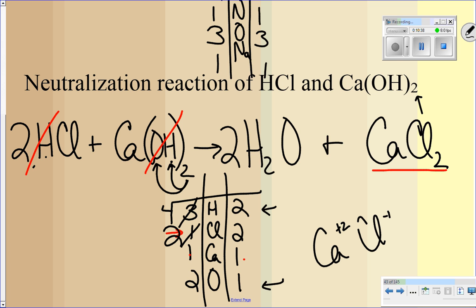Easily fixed by putting a 2 in front of water. That'll turn hydrogen to 4, that'll turn oxygen to 2, and it didn't affect calcium or chlorine. 4 and 4, 2 and 2, 1 and 1, 2 and 2. These are all balanced. Because I have a little 2 with my base right here, it took twice as much acid to neutralize that out. These are the typical types of reactions that you'll be doing.